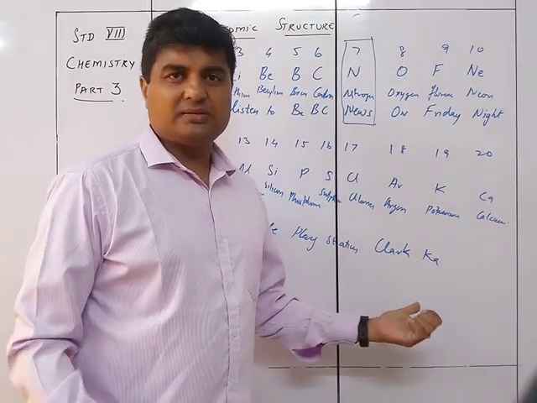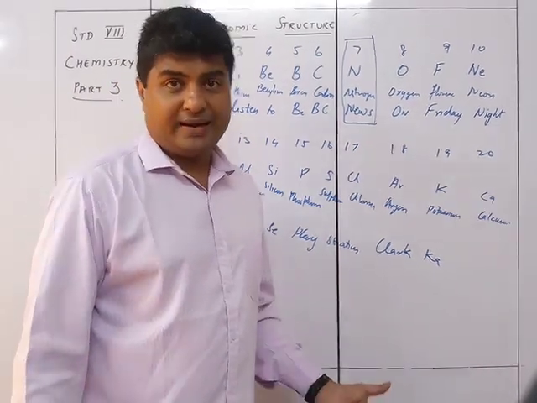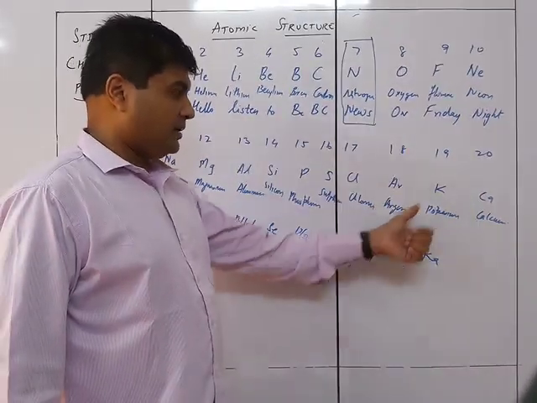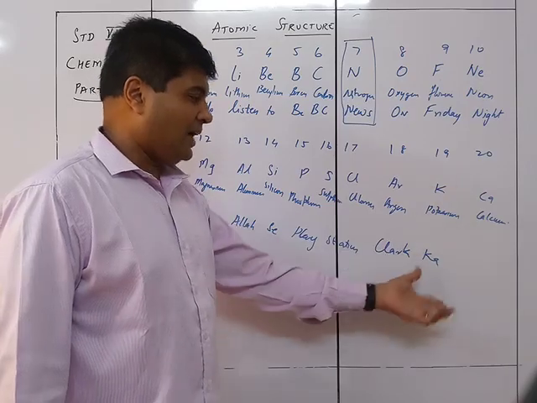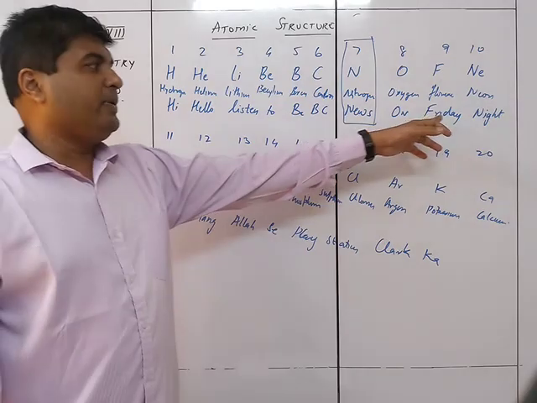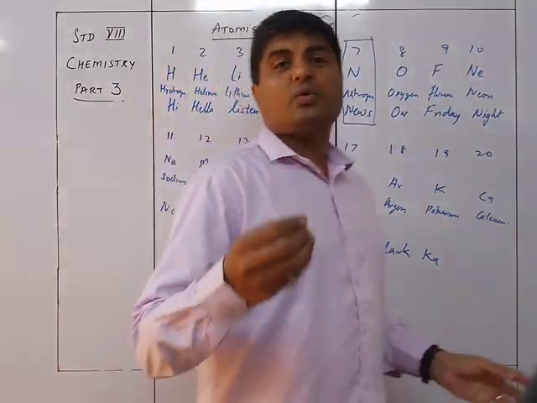Clark is the name of a person, if you know Superman, Clark Kent. So Clark ka means K and Ca, calcium. So it is: hi hello listen to BBC on Friday night. Na mang Allah se PlayStation Clark ka. This is one of the examples.